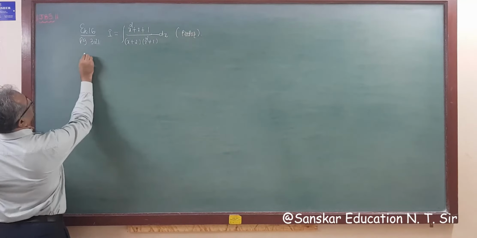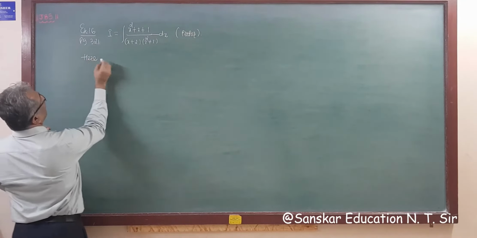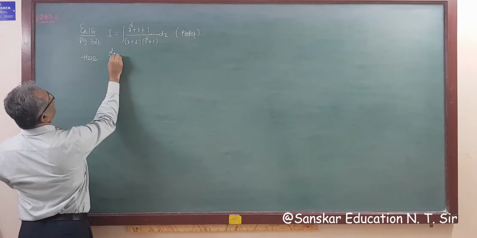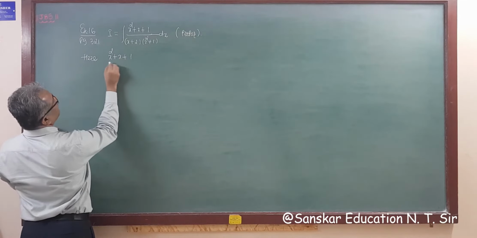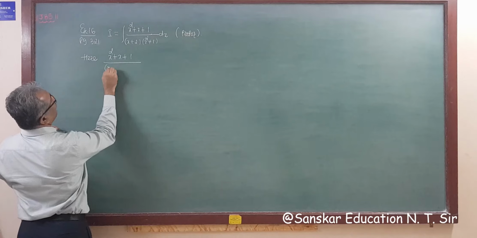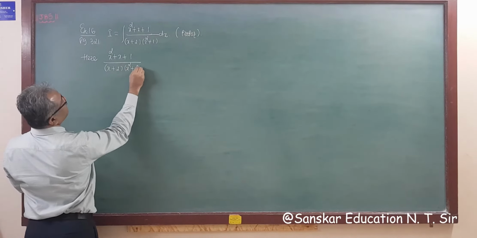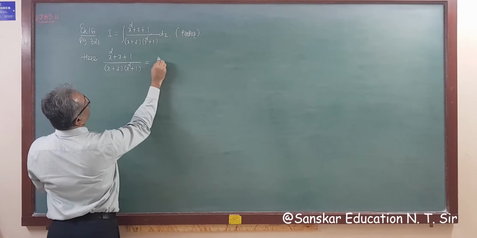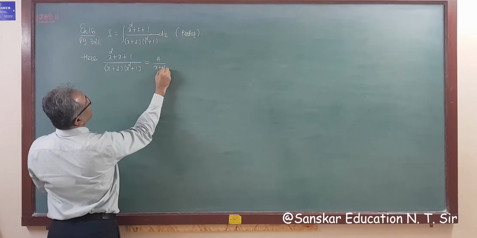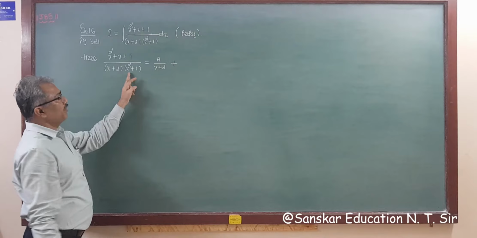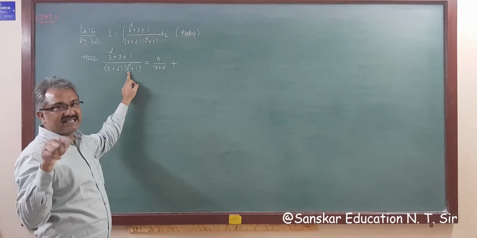So here x square plus x plus 1 whole upon x plus 2 times x square plus 1 is equal to A upon x plus 2 plus. Now the quadratic must be expressed as Bx plus C, right?